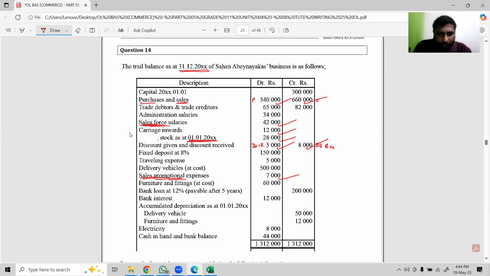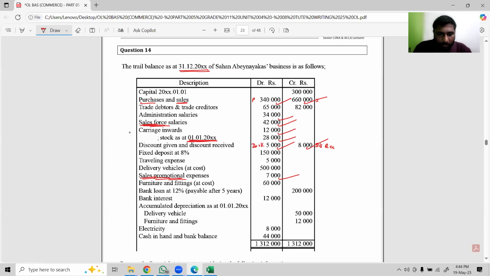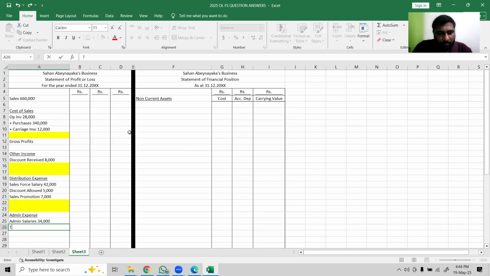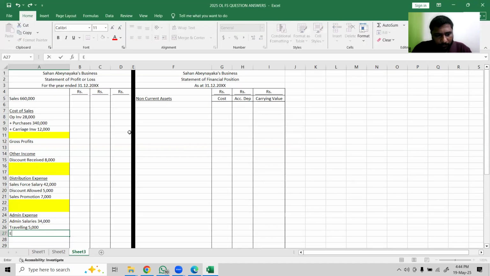Admin salary is 34,000. Traveling expenses 5,000. And electricity 8,000.